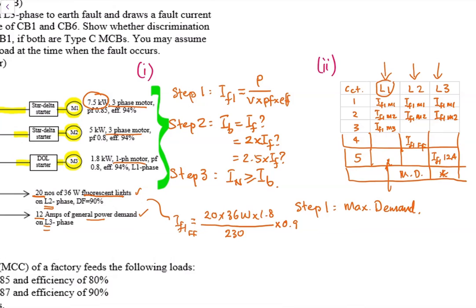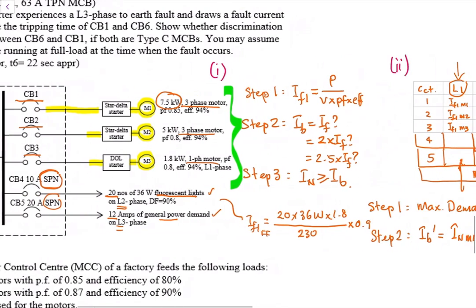Now how to calculate IB? Now if you refer to our lecture note, step 2, IB at the sub main is equals to IN, the circuit breaker of the largest load. So in this case, it's IN of M1. In other words, in part 1, we have calculated CB1 rating, right?